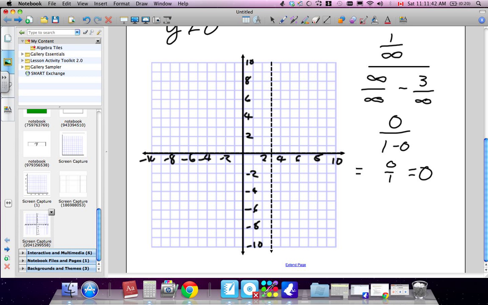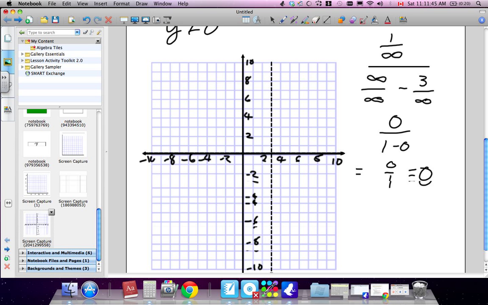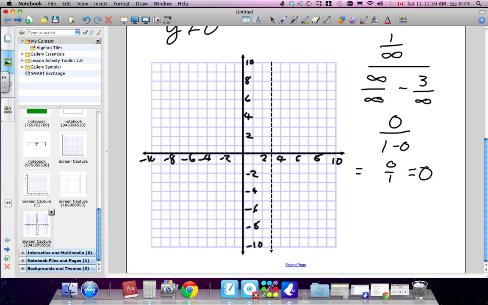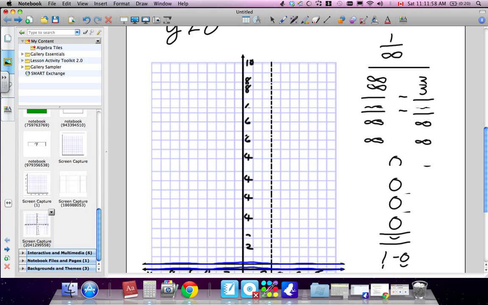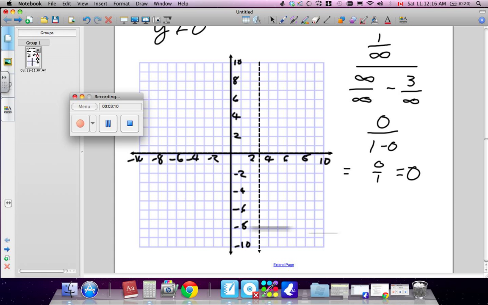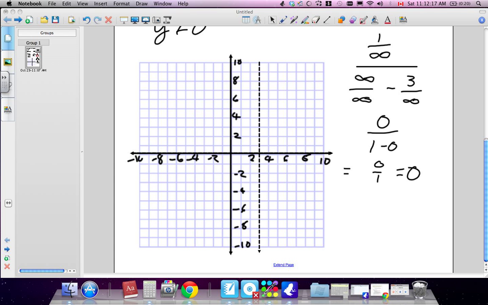What we can try to find now is, we know there are no x-intercepts, right? Because there's a horizontal asymptote here. And we can try to find a y-intercept. So we're going to take the original reciprocal function, which was f of x is equal to 1 over x minus 3.